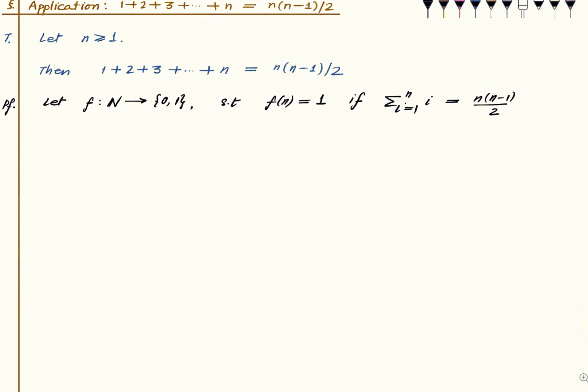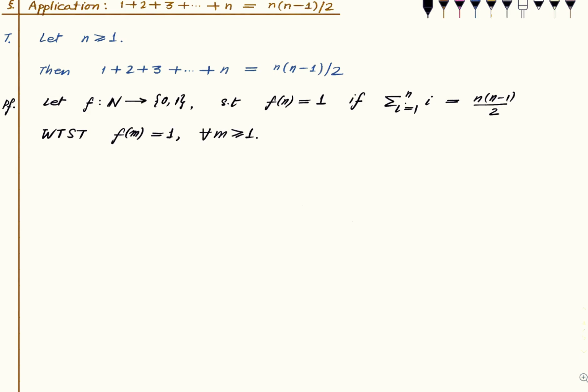So if it doesn't take the value 1, it has to take the value 0. And we want to show that f(m) equals 1 for all m. This is what we want to show. This is exactly what the problem says.